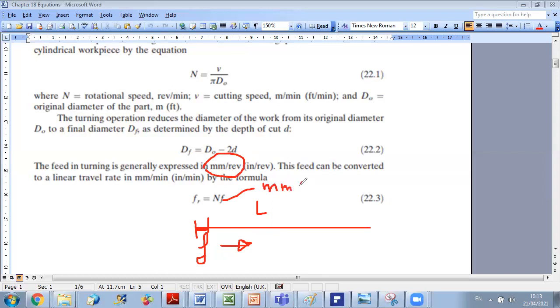And n, the rotational speed, is given in revolution per minute. So if you multiply n by f, you will obtain how much I am advancing per unit time, because revolution will be simplified.